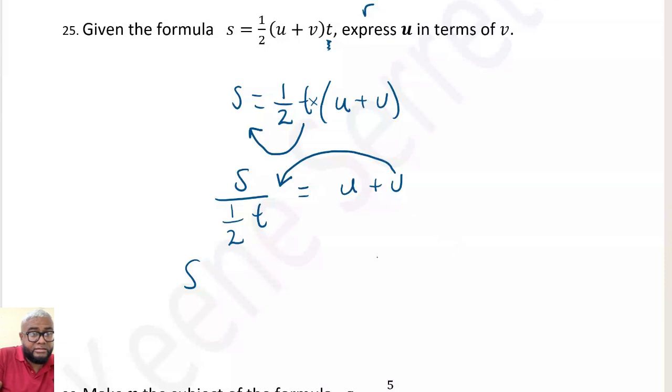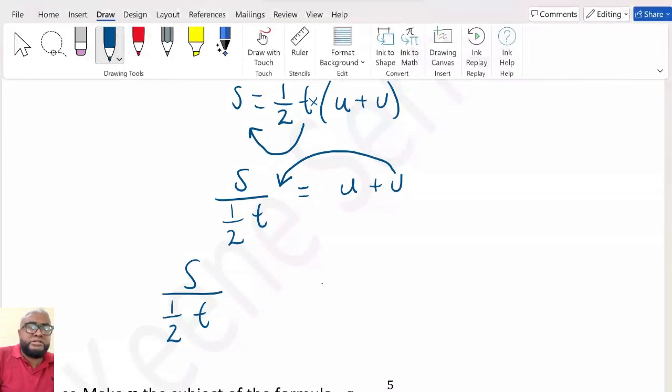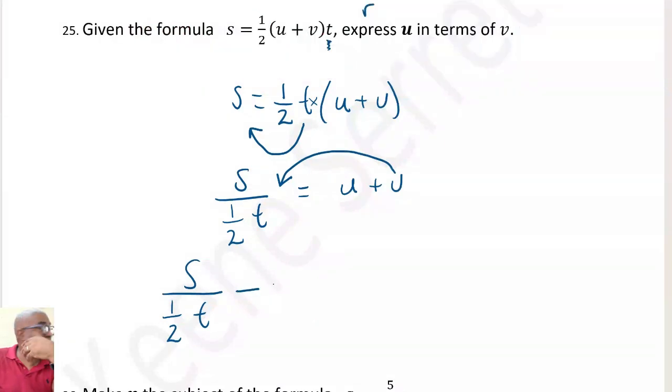What do you do with the V on the right hand side? What am I doing with it here? Subtracting. Right, you're subtracting when you're going to the next side. So there should be minus V is equal to U.